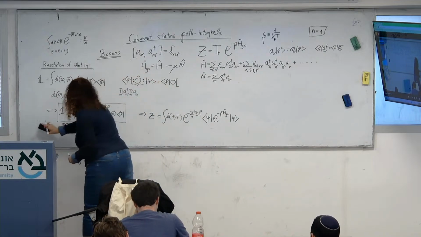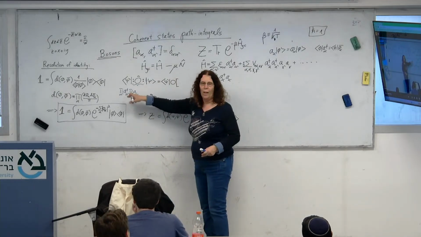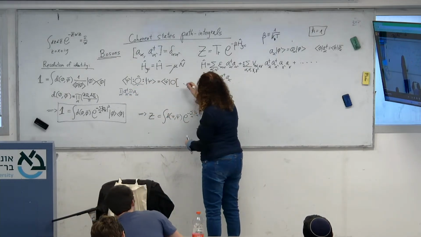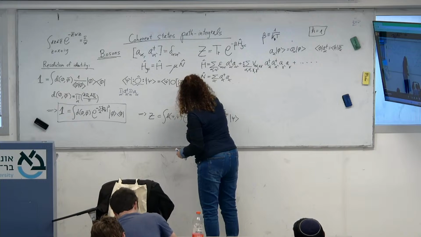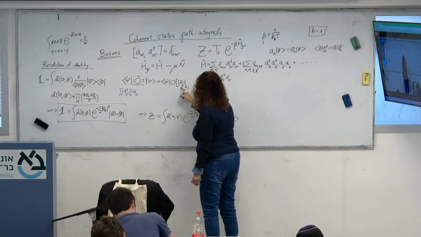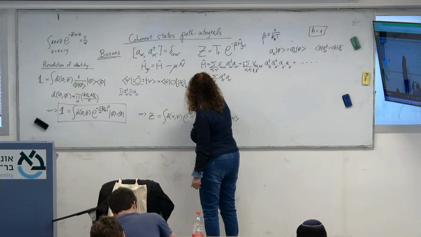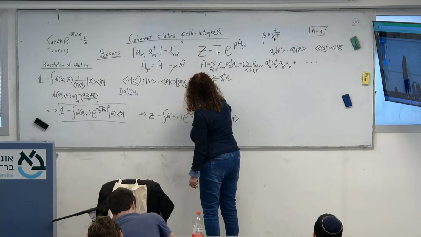It's the expression that I get if I take the expression of O in terms of A and A dagger and replace them by the complex numbers, psi prime alpha bar and psi alpha, and then I sandwich this between psi and psi prime.